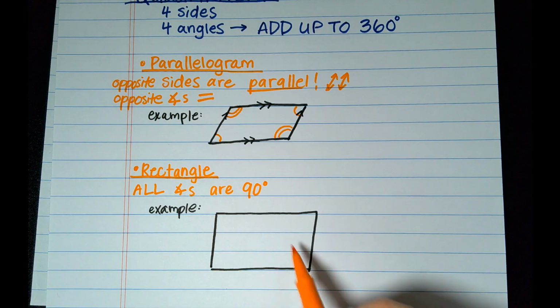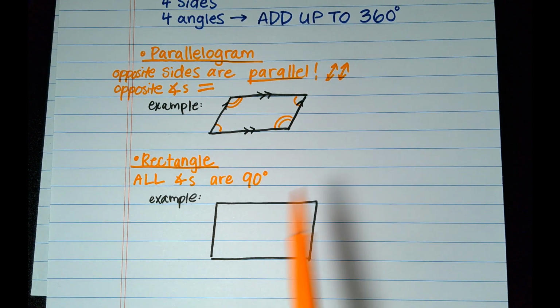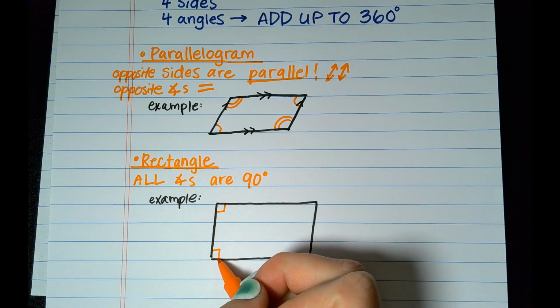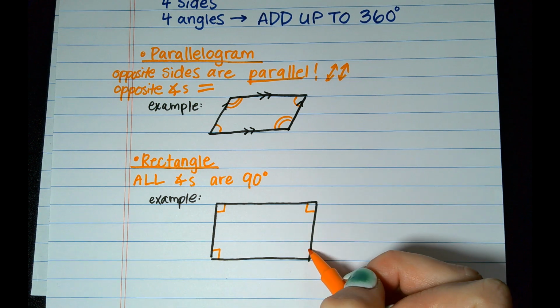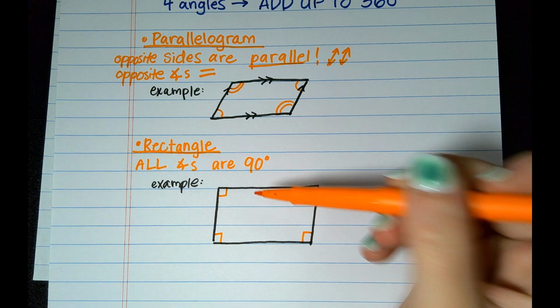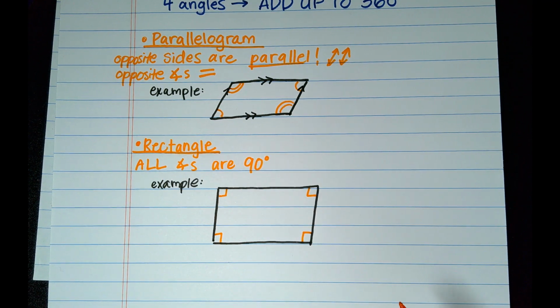So if I want to show that this is a rectangle, what should I put in the corners of my shape? My little boxes, my squares, to show that it's 90 degrees. This is a rectangle. Our sides that are opposite are also parallel. They're equal to each other.